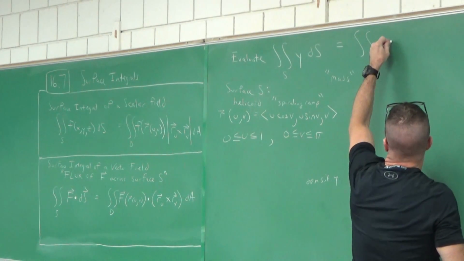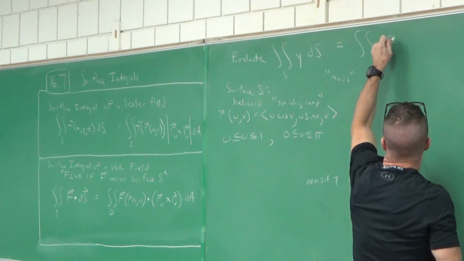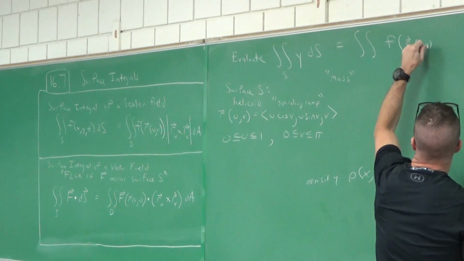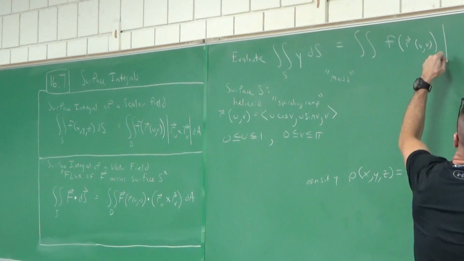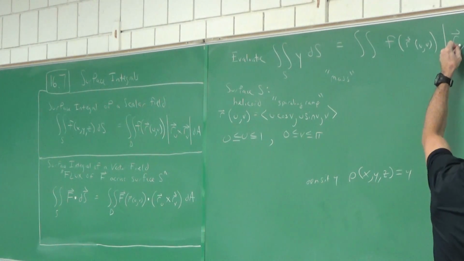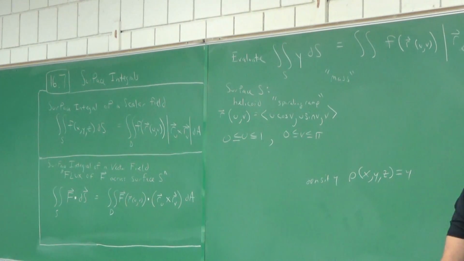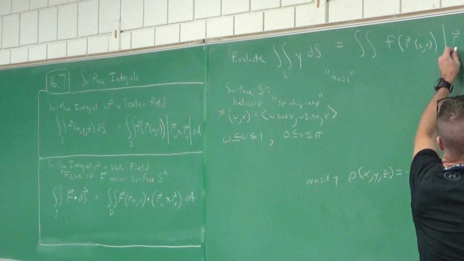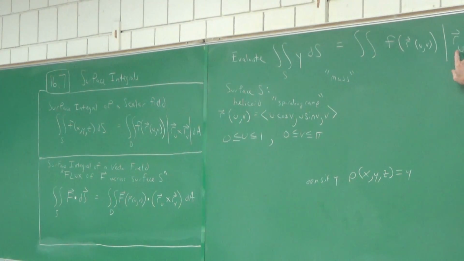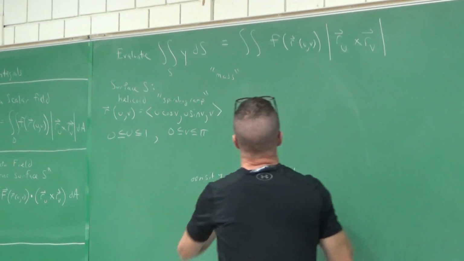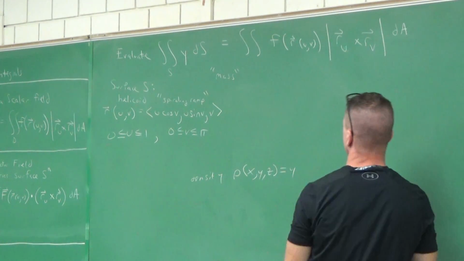So I have to put this y here. f composed of the surface, then multiply by the magnitude of the cross product of the two tangential vectors r sub u, r sub v, the first partial with respect to u, the first partial with respect to v, and I'm just going to go from 0 to 1 and 0 to pi. I'll put dA right now, but that's how we're going to set it up.